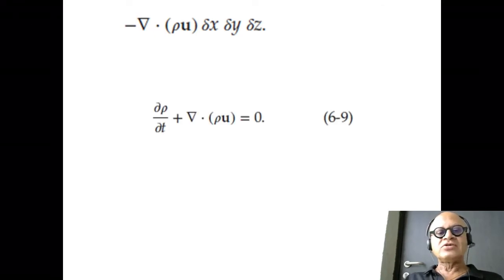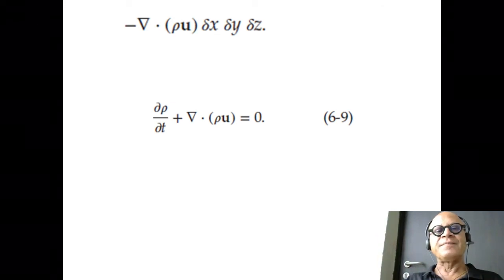Put the two together: time rate of change of density. We have taken out the volume and are writing it per unit volume, so it's still mass conservation but written per unit volume, plus divergence of rho u. So this grad dot rho u is essentially divergence of rho u, right? You have an intuitive sense of convergence and divergence.